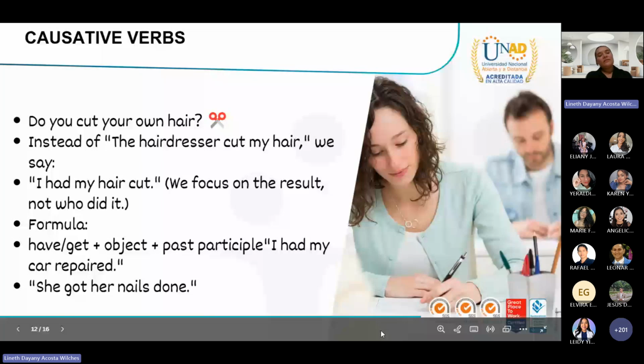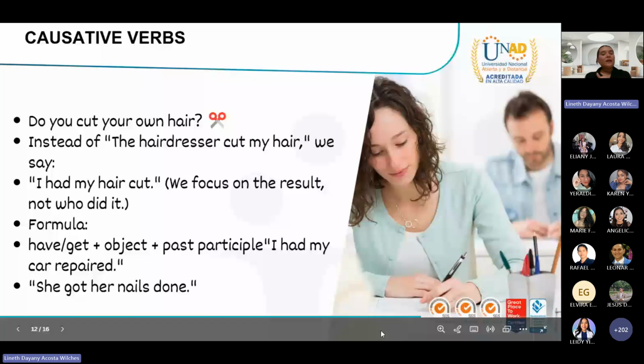So instead of "the hairdresser cut my hair," we say "I had my hair cut." Those are other kinds of verbs that we can use to say what we have done or get done.